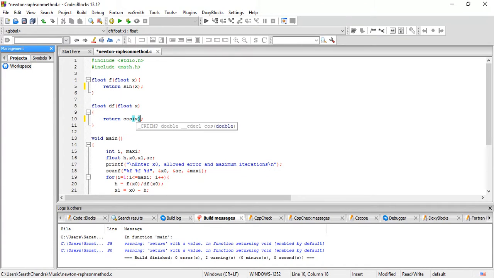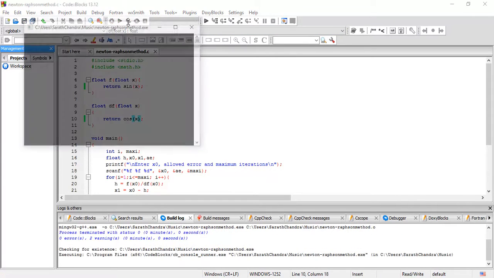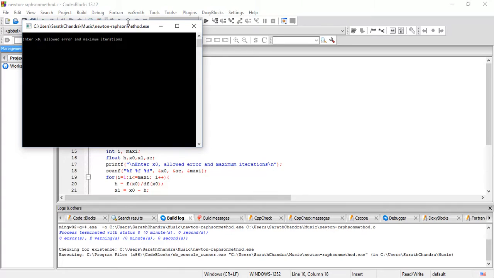Now, let us compile this program. Let me enter an arbitrary x naught. Let us arrive at the root from x naught equal to 1. The allowed error being 0.0001, and let's take a maximum of 5 iterations. Voila! We get the root 0, which is suitable.